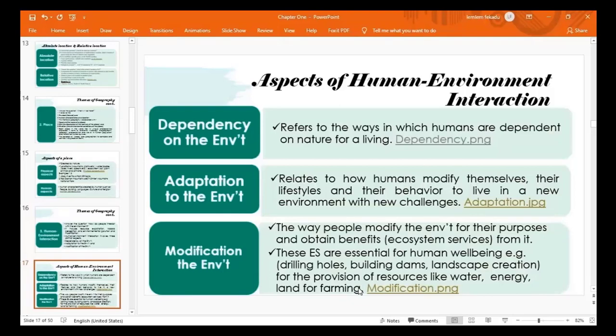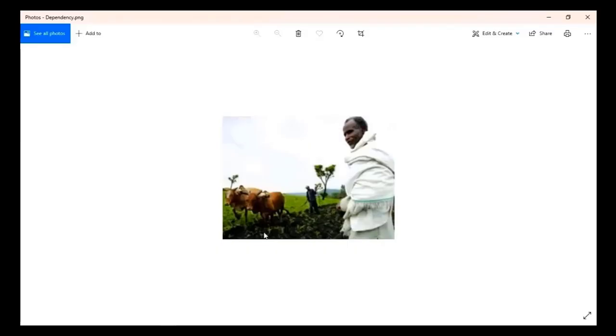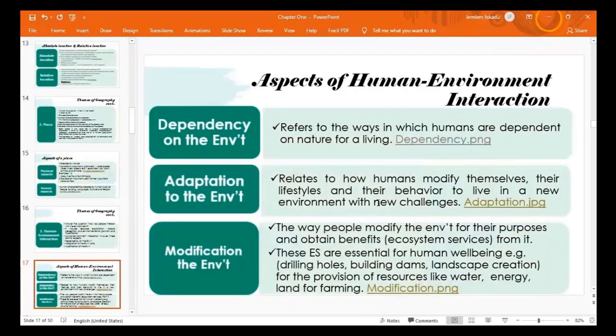briefly discussed here. When we say dependency on the environment, it refers to the ways in which humans are dependent on nature for living. So humans are dependent on natural resources for existence. And adaptation. Adaptation refers to how humans modify themselves, their lifestyle, and their behavior to live in a new environment with new challenges.